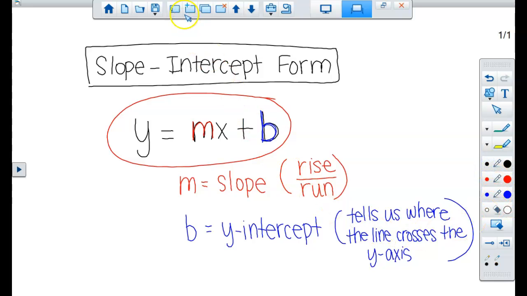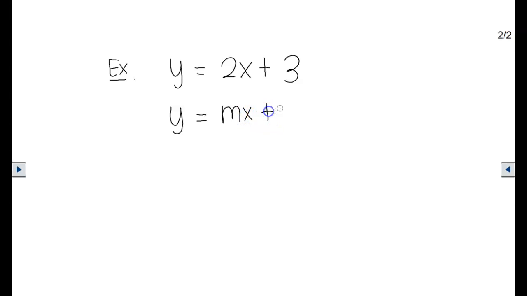So, if I were to give you this equation, y equals 2x plus 3, the first thing I would want to decide is, is that slope-intercept? Is this y equals mx plus b? And I can see clearly that it is.